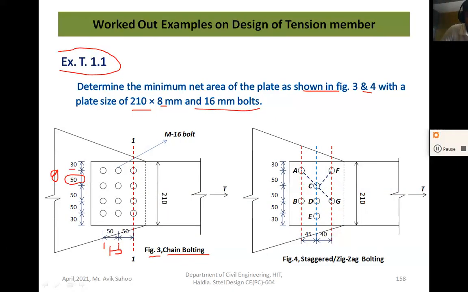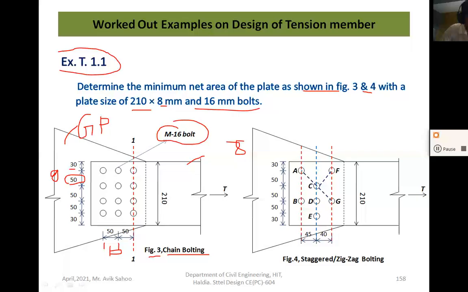So pitch distance is given, that is P. Now you know that this plate is joined to a gusset plate using M16 bolts. The width of the plate is 210 and the thickness of the plate is 8 mm.